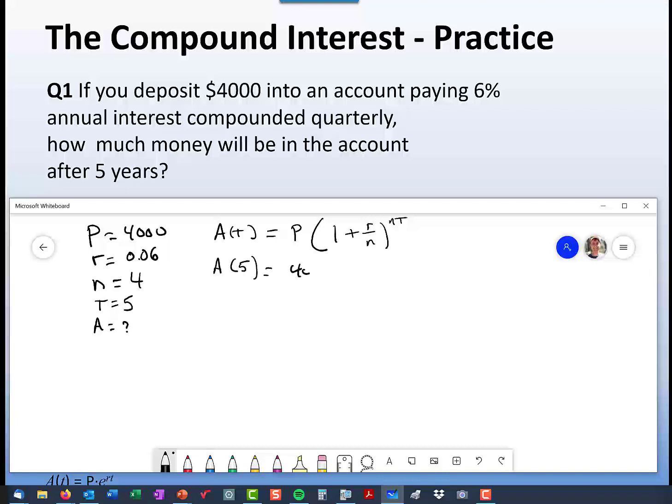So P is 4,000. 1 plus R is 0.06. Divide that by 4. And then we're raising it to the 4 times 5 power. I'm going to have to shrink this so I can do the calculator.